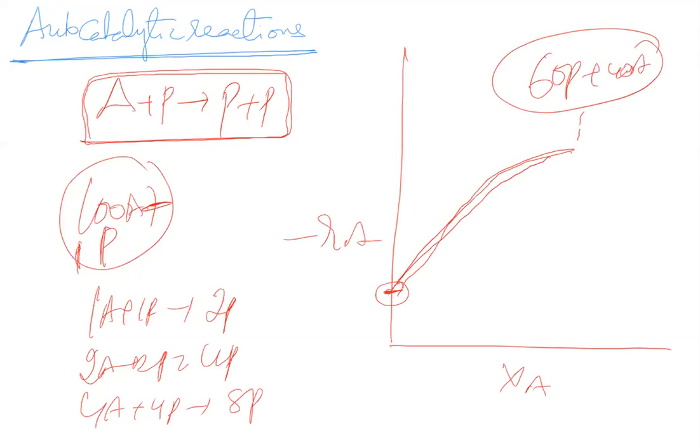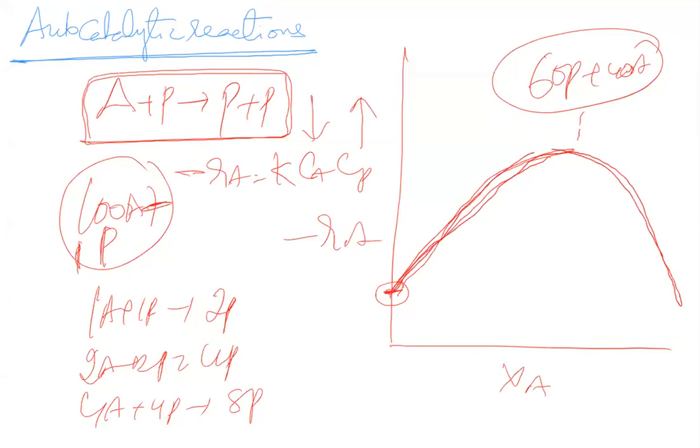Then your rate might have reached maximum. The rate of reaction is minus RA equal to K into CA into CP. During the reaction, CA is decreasing and CP is increasing. So the curve will pass through a maximum and later on it decreases. This is how the rate of reaction varies with respect to conversion.